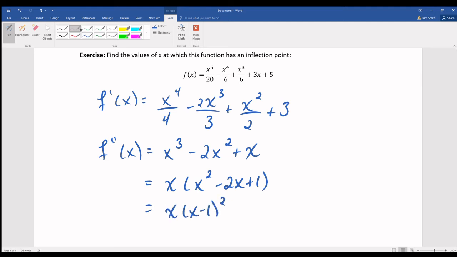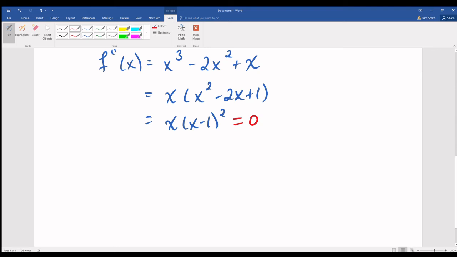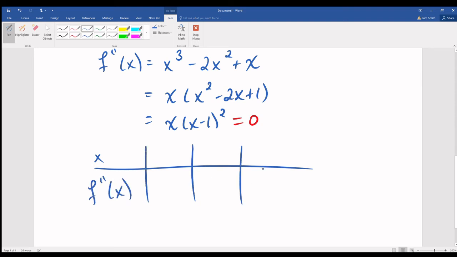So let's check and see where this function equals 0 to get an idea of where this function's concavity might change. And we have 2 points at which the second derivative is 0, namely x equals 1 and x equals 0.